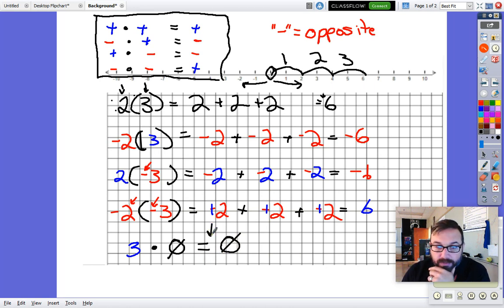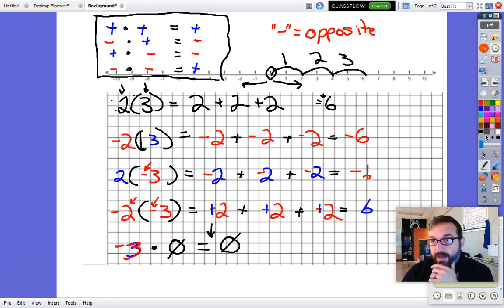Please note, there is no positive, there is no negative, it's just 0. If I was to make this a -3, it changes nothing. -3 times 0 is still 0. No positive, no negative, it's just 0.